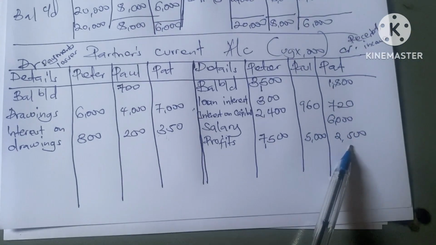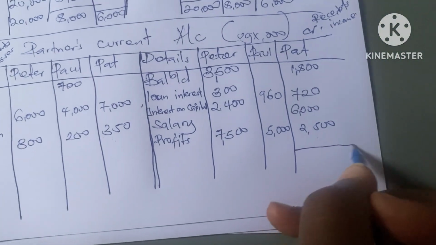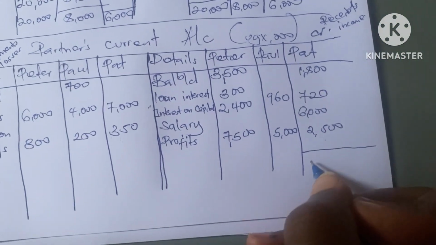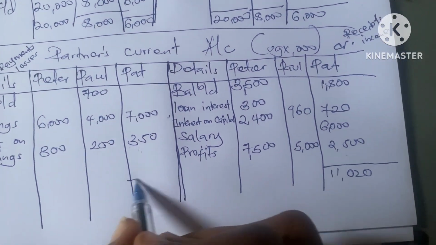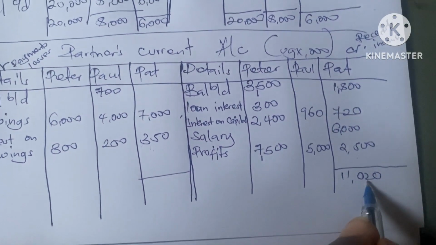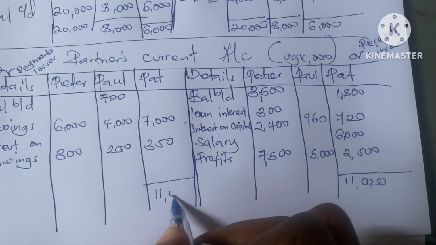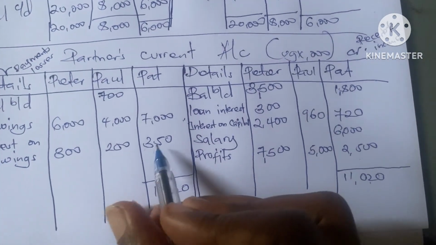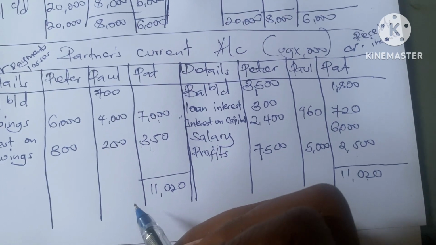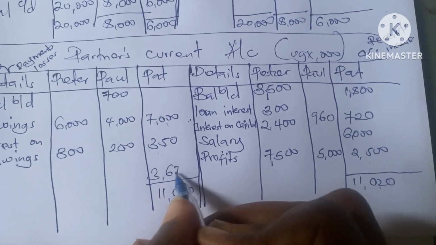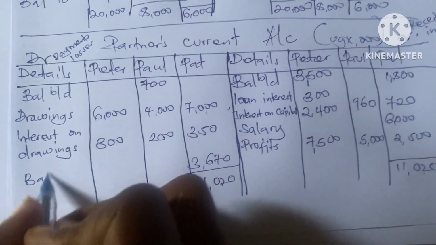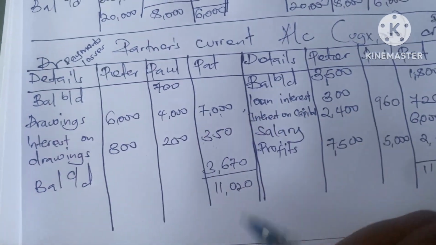Then this side is greater. When you add all these, you get that. So since this is the bigger figure, you put it on both sides. So this minus this, what you get is 3,670, and it is the balance carried down, or the closing balance.